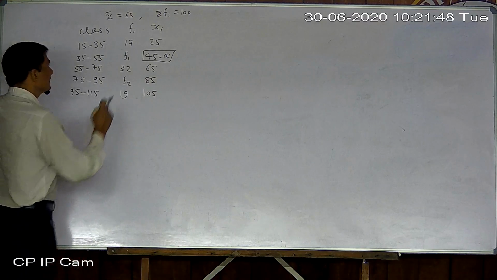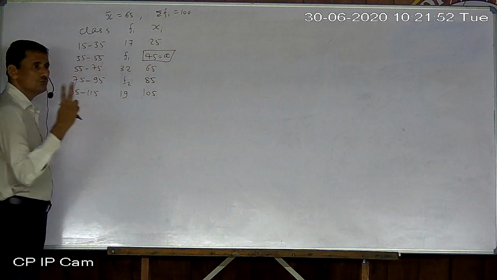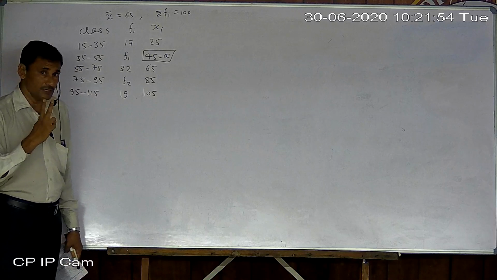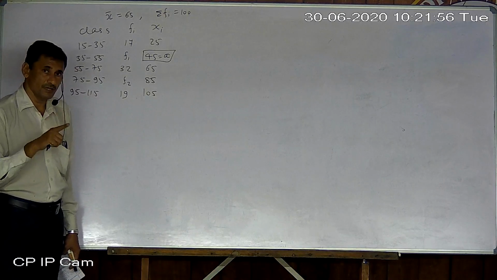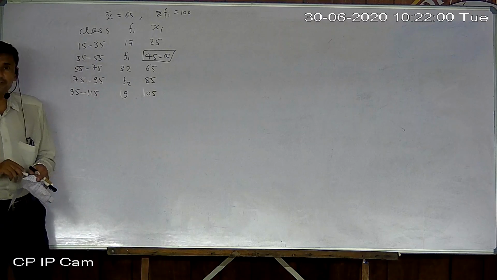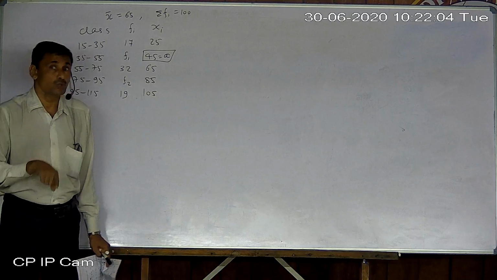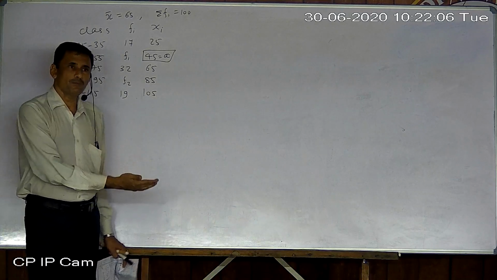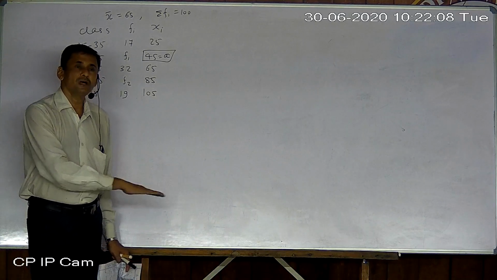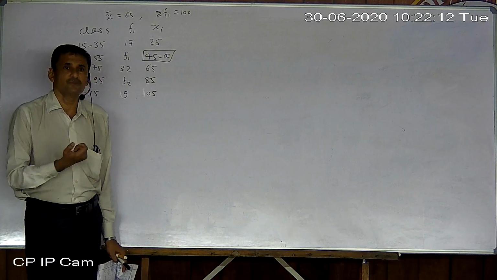In sigma fi ui, two unknowns will be there, F1 as well as F2 both. Now you know, from one equation only one variable can be obtained, not two. So at the end you will obtain one equation instead of a value.